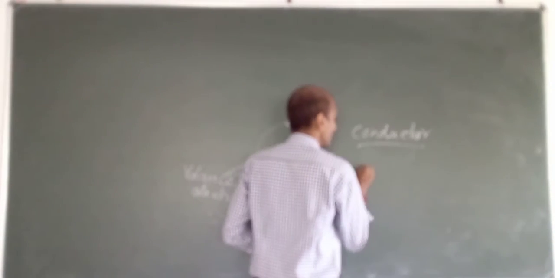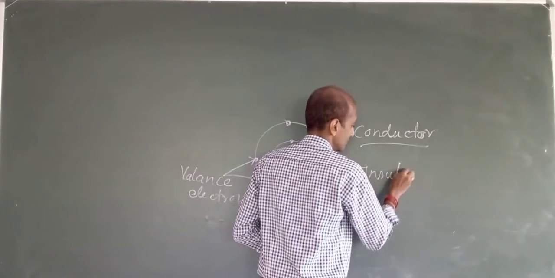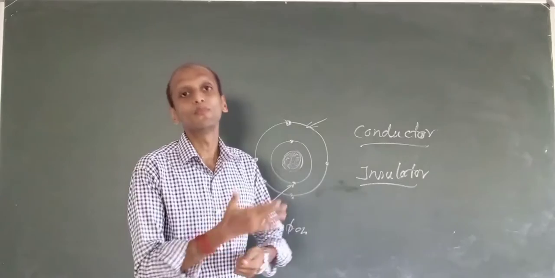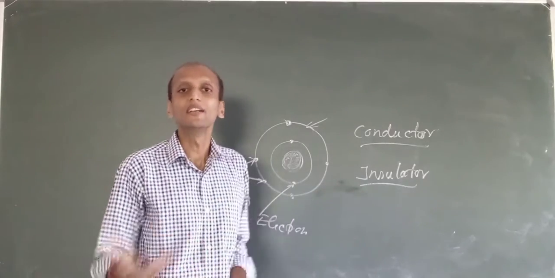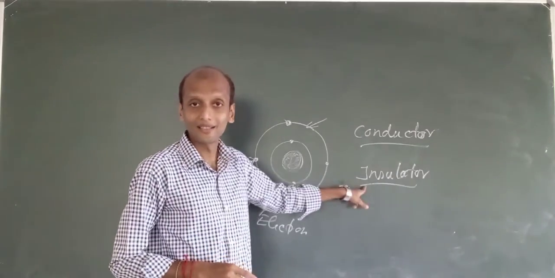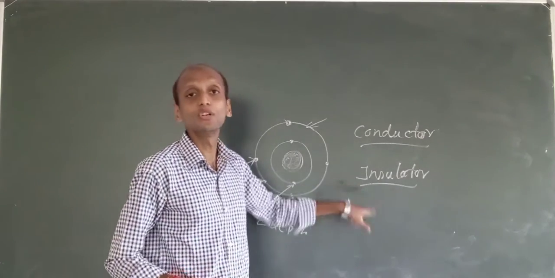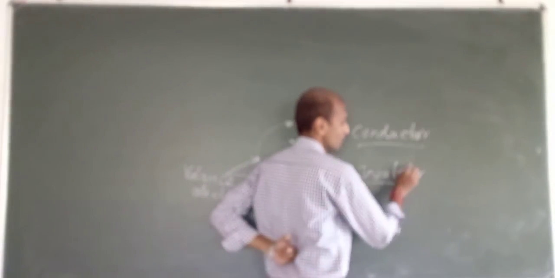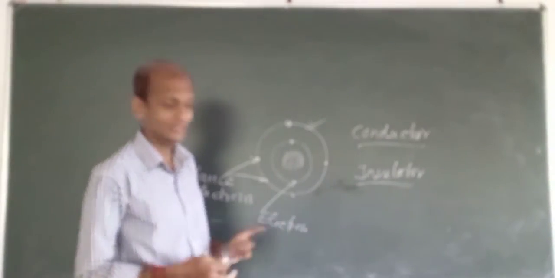Coming to insulators, if you provide some voltage to a particular material and it never conducts that electric current, because there is no motion of charges happening, such materials are called insulators.